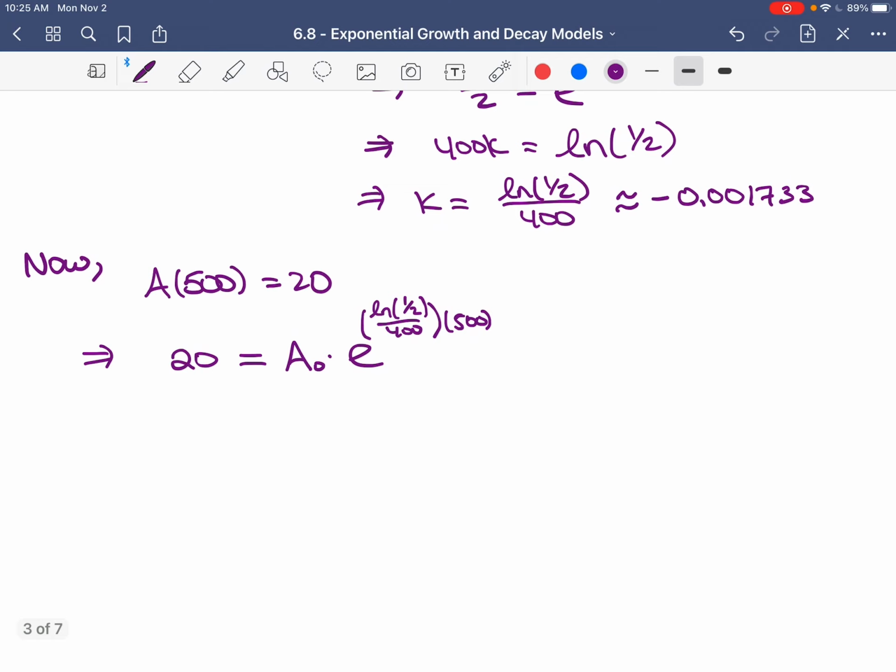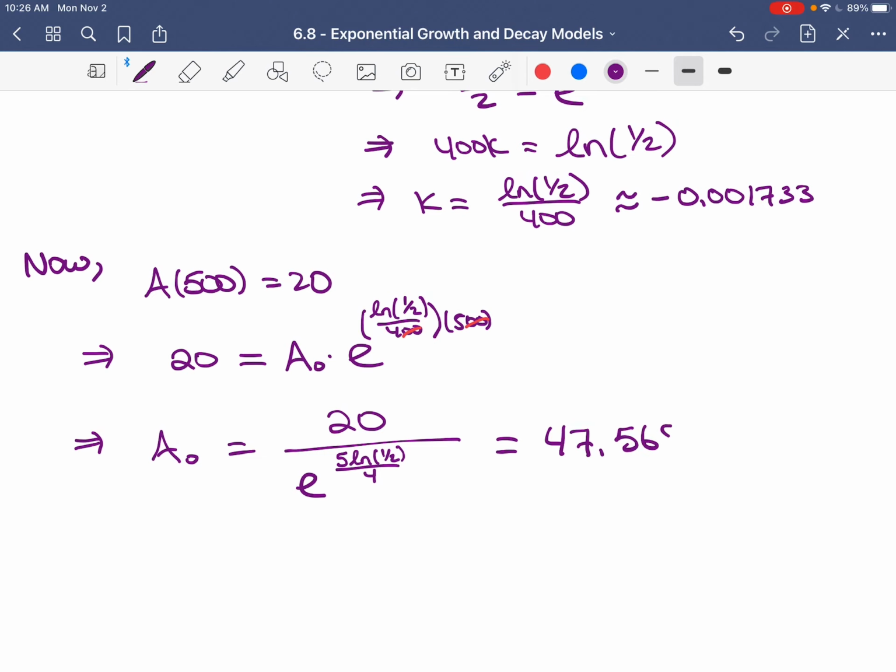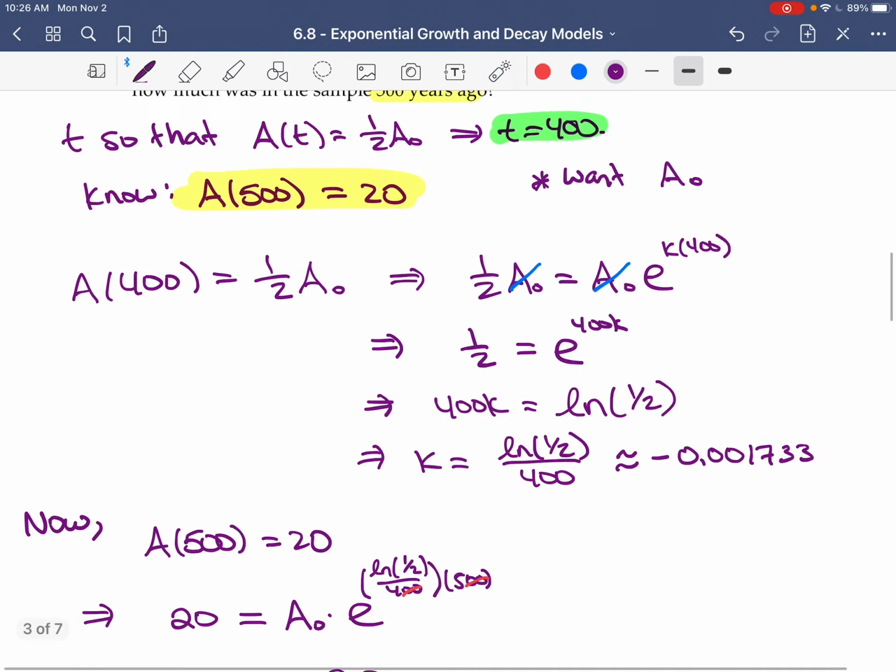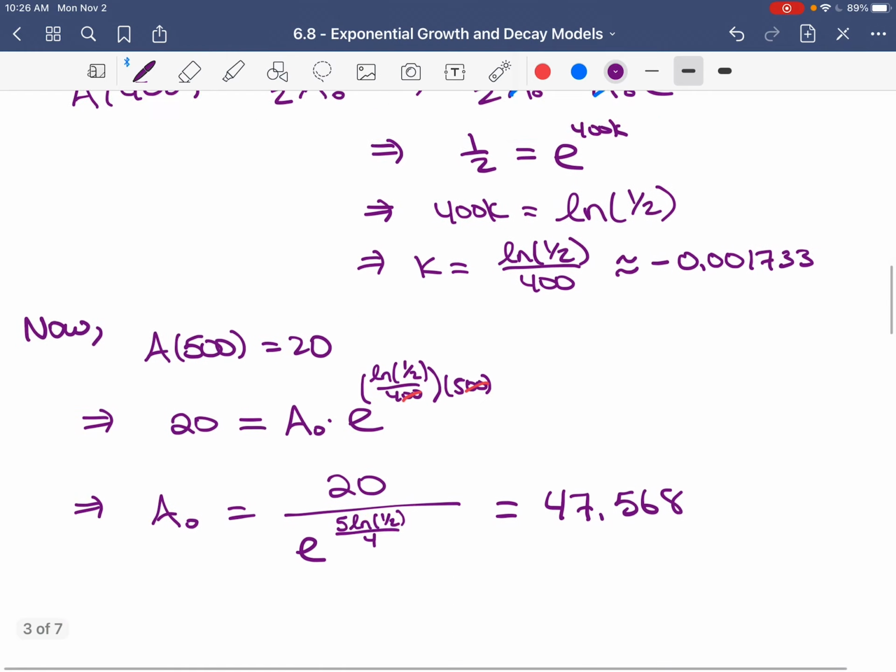So now I can solve for A0. I just have to divide by this e. So A0 is 20 divided by e, and then these zeros can cancel out to make it easier. So it's going to be e to the 5 ln of 1/2 divided by 4. Now if you compute this, you get 47.568.